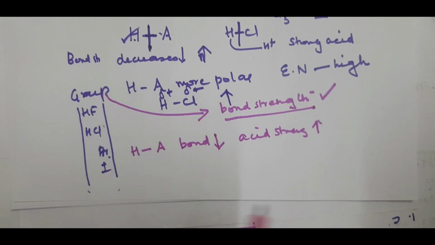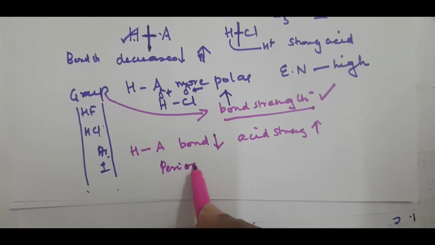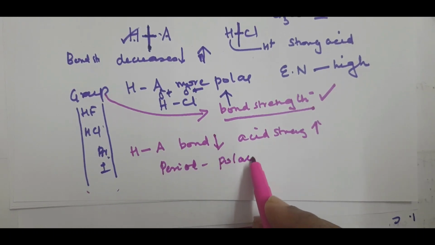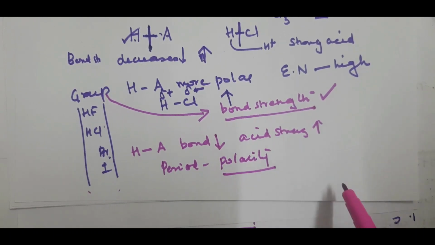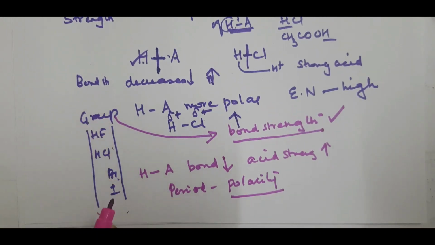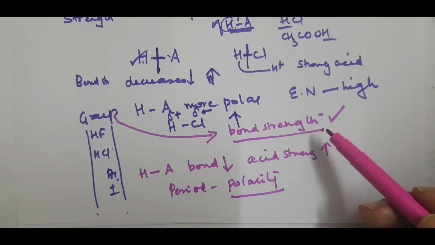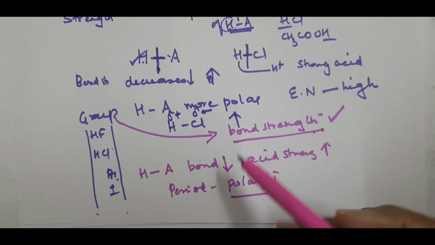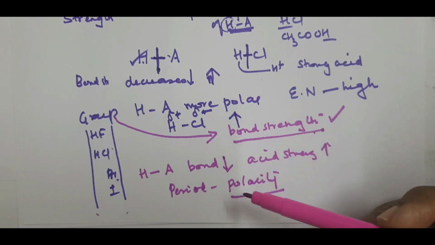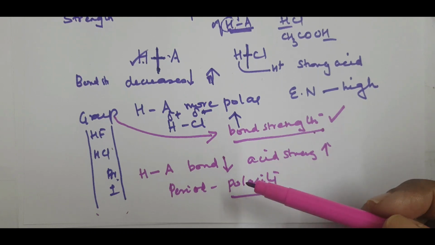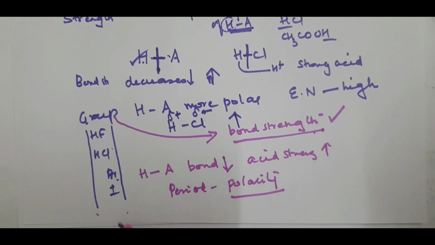But when it is period wise, what happens? The polarity becomes more weightage than the bond strength. That is the difference. If you talk about group wise, we take only the consideration of bond strength, and from top to bottom as the size increases, the bond strength decreases, thereby HI is more acidic than HF.